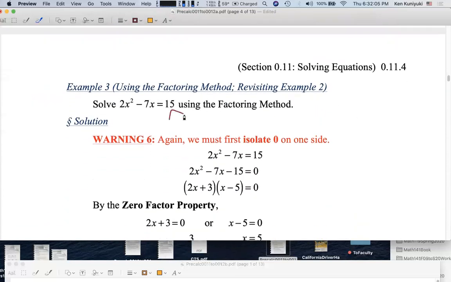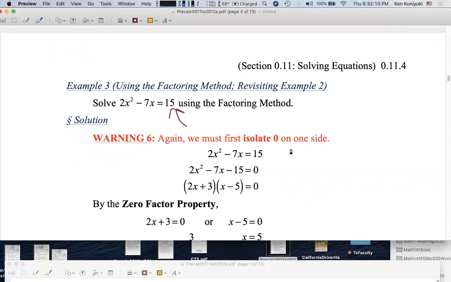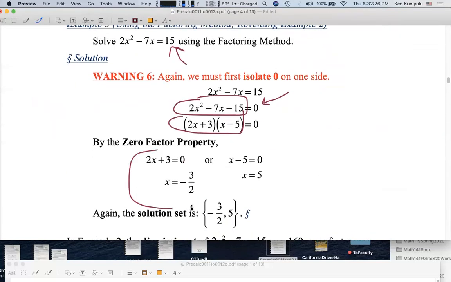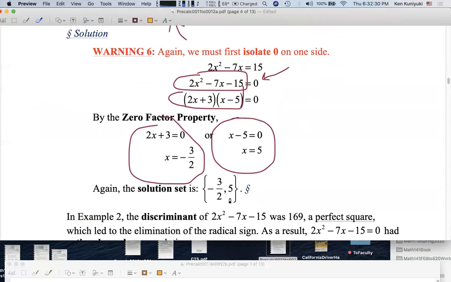Again, we need to isolate 0 on one of the sides, because we have a zero factor property, not a 15 factor property. For example, 3 times 5 could be 15. Over here, we can factor this cutie, like so. Set each factor equal to 0, solve, and we get the same two solutions. By the way, it doesn't matter what order you put the solutions in.